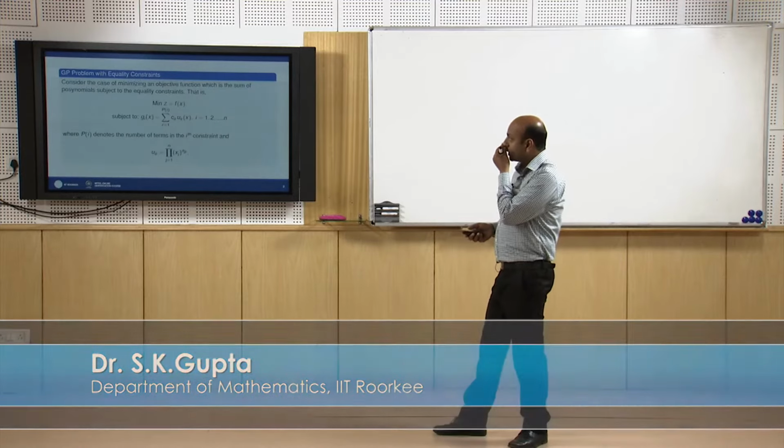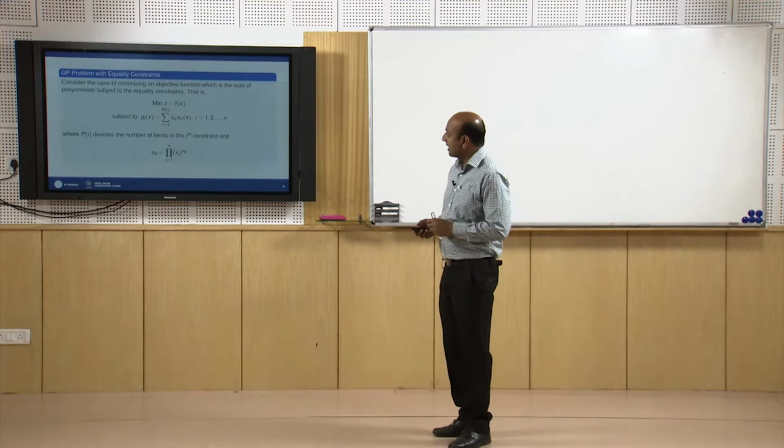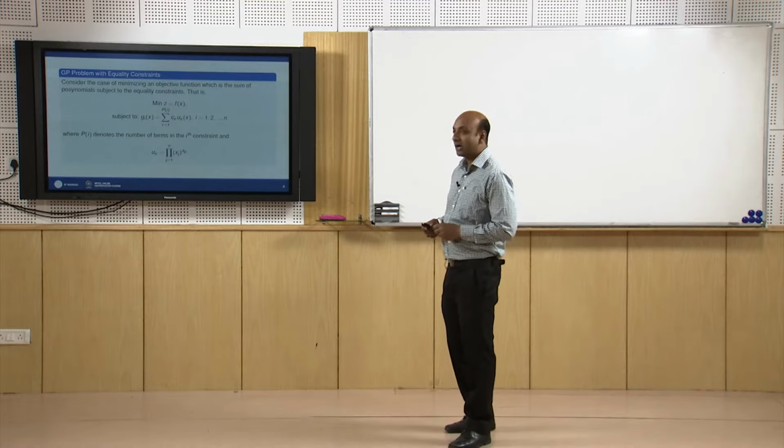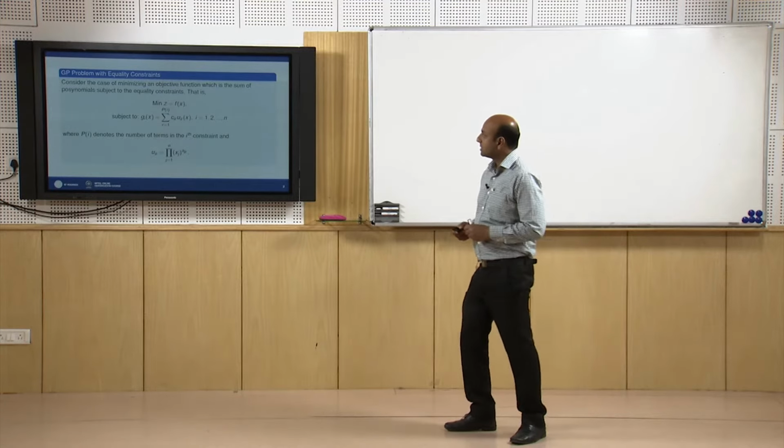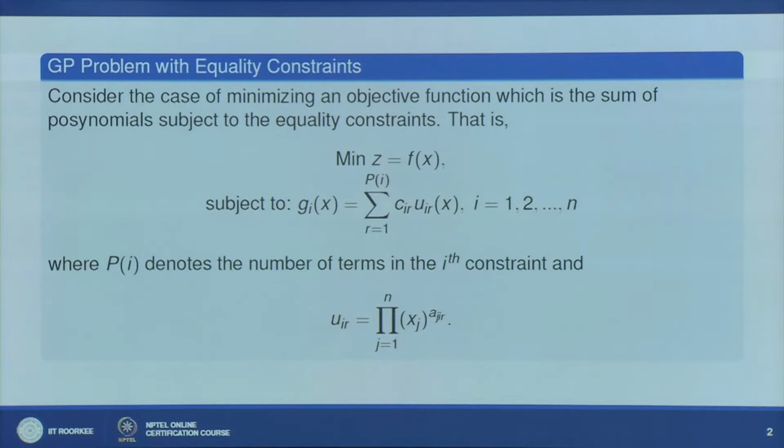So what is the formulation? We have a geometric programming problem with equality constraints. So consider the case of minimizing an objective function which is a sum of polynomials subject to the equality constraints.